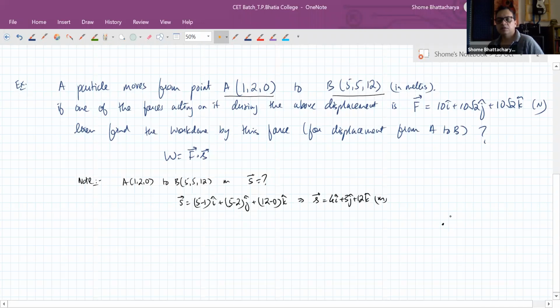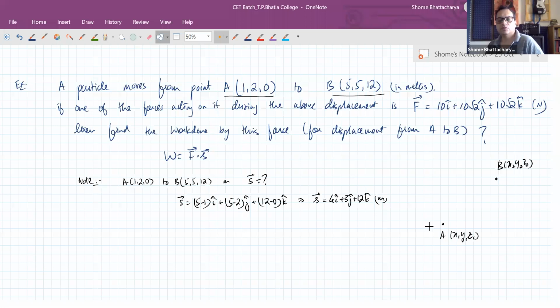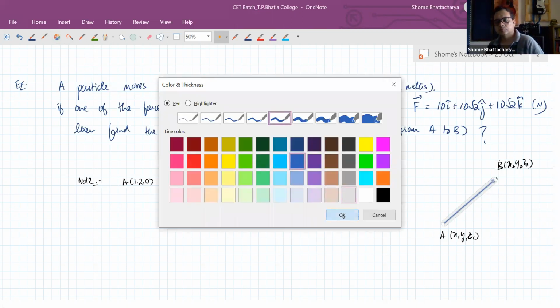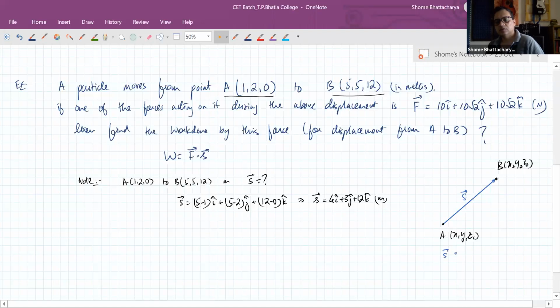So basically, whenever a particle makes a displacement from one position, let's say x1, y1, z1, to another position x2, y2, z2, then we define the displacement vector from the first to the second as this change along x-axis plus y2 minus y1, the change in y coordinate along the y-axis, plus the change in z.